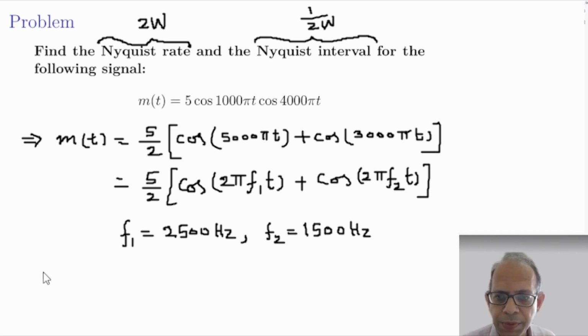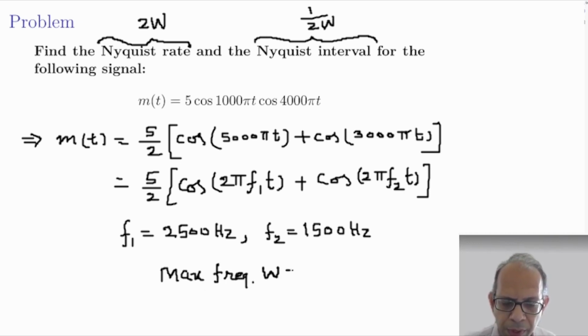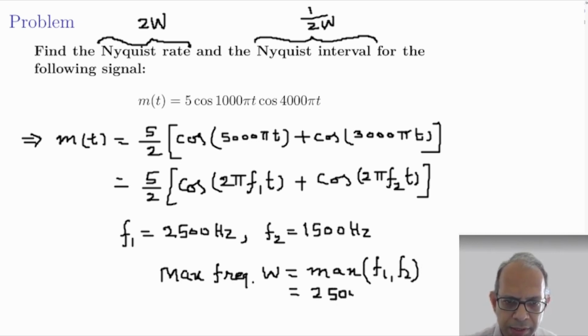So what is W? The maximum frequency W is equal to max of f1, f2, which is equal to 2500 hertz.